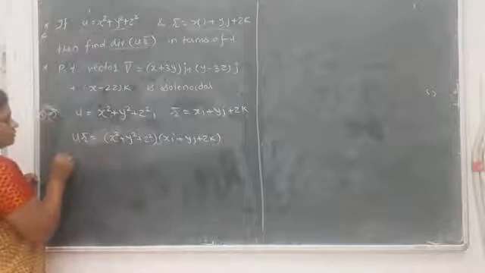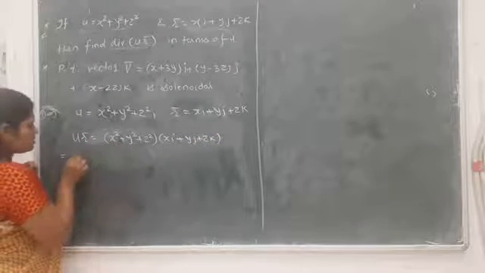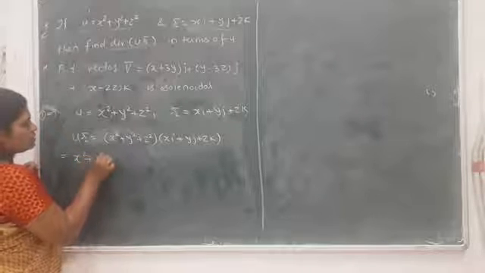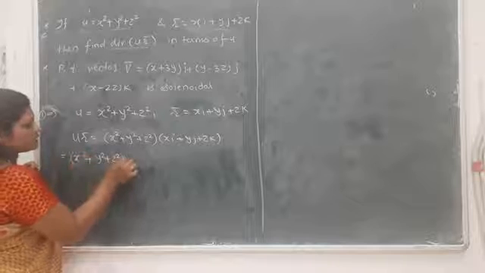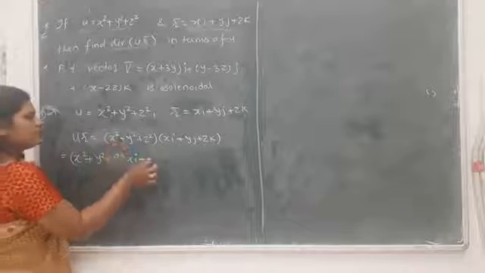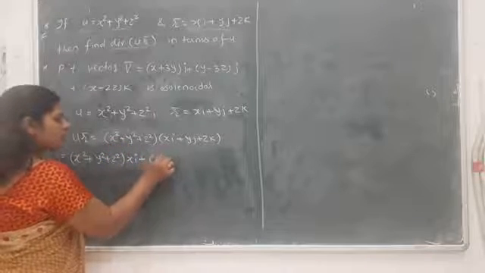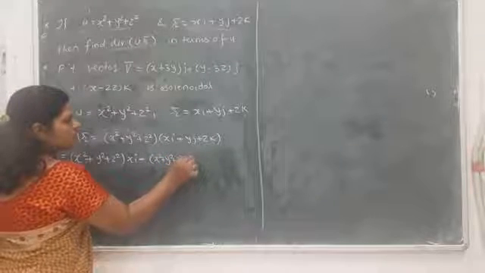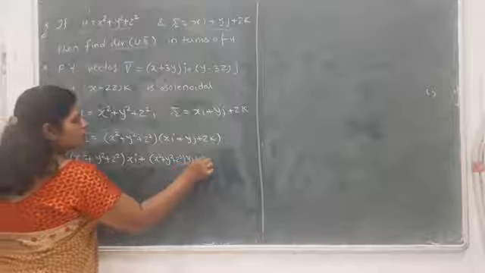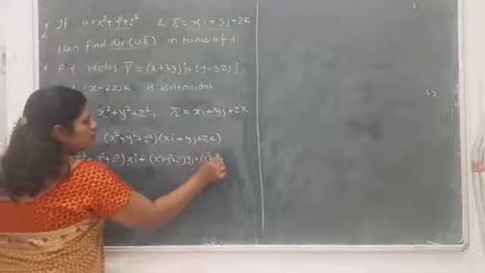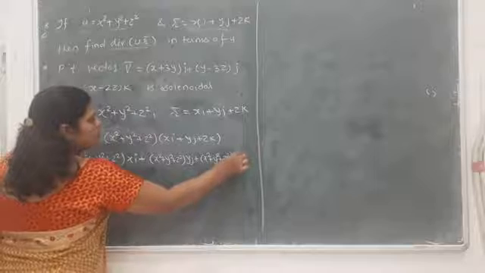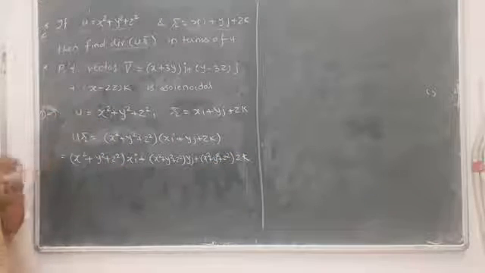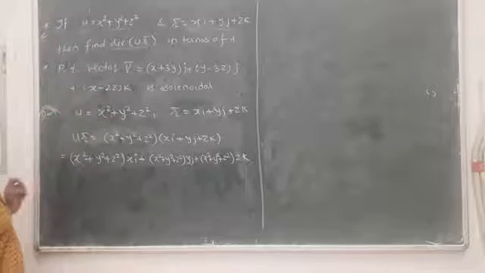That should be equal to, first, (x square plus y square plus z square) into xi, plus second, (x square plus y square plus z square) into yj, plus third, (x square plus y square plus z square) into zk. In this way we write this term, that is u into r bar, and now we take the divergence of that.